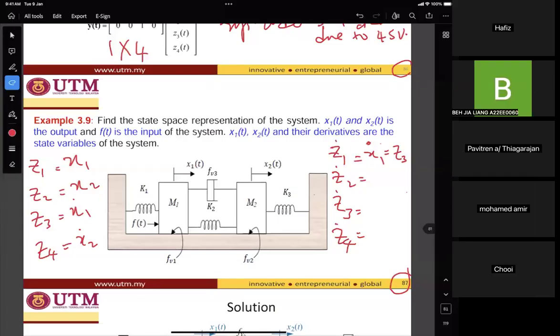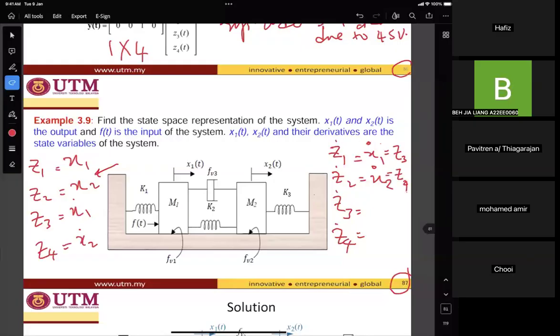Hafiz. Z2 dot. X2 dot. Z2 dot, X2 dot kan? Equal to z4. Oh, z4.